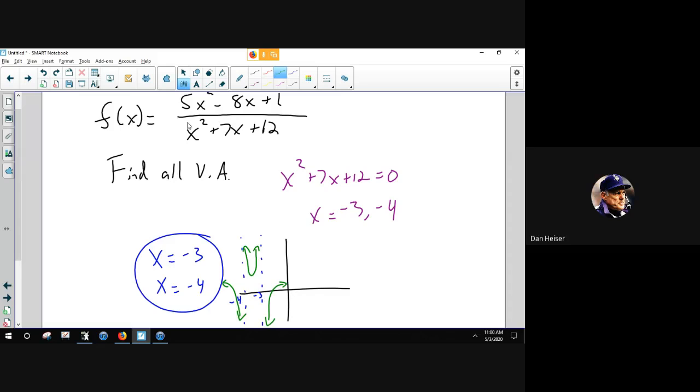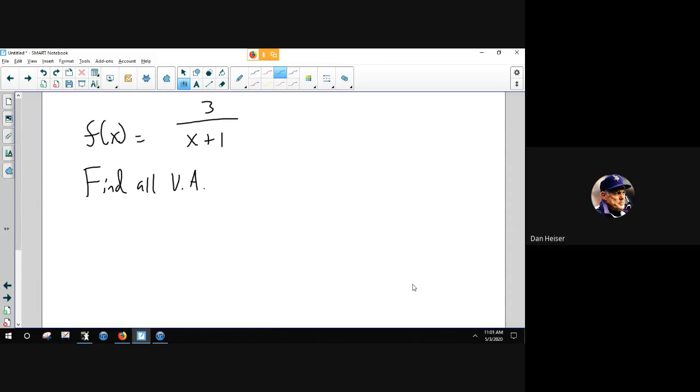Find the values that make the denominator equal to 0. One more. Find all the vertical asymptotes. Well, find where the denominator equals 0. Sometimes there's only one. And there it is.